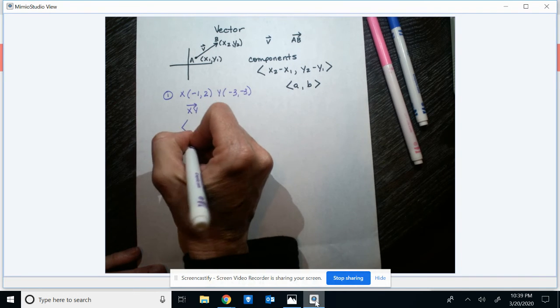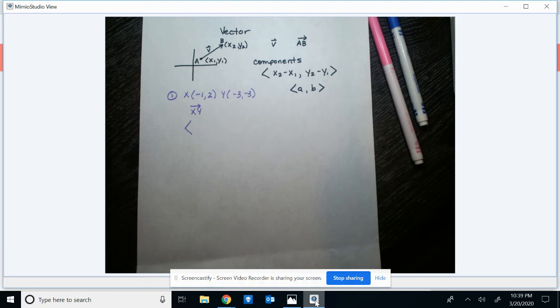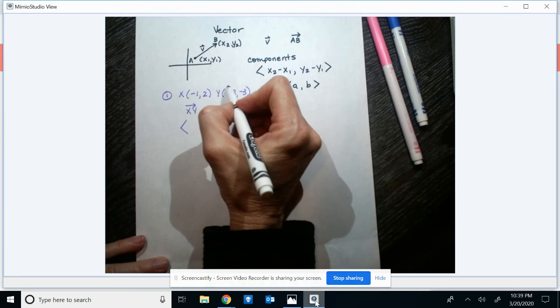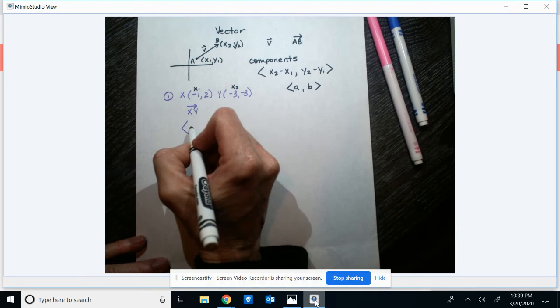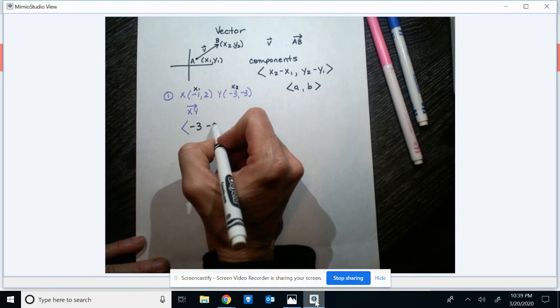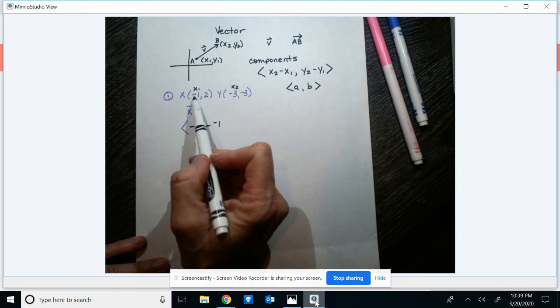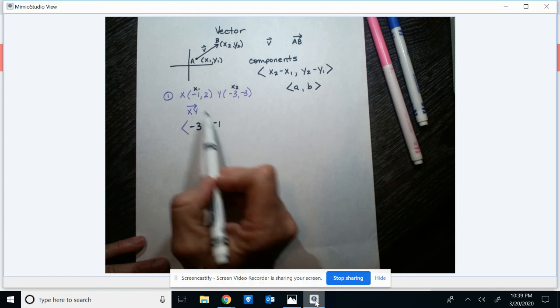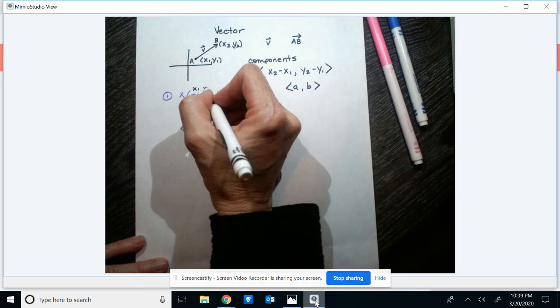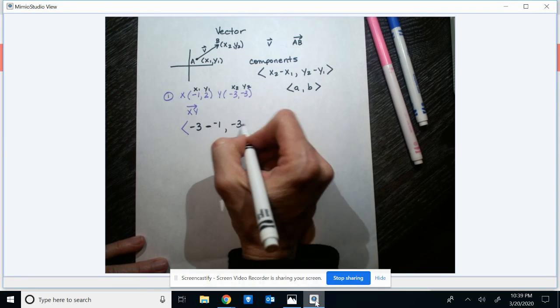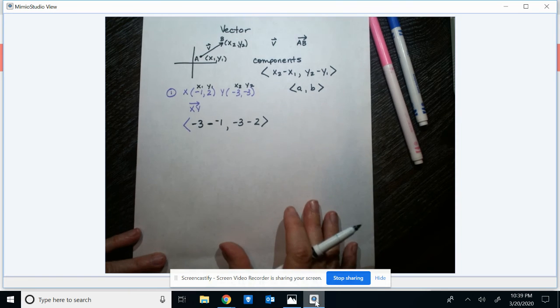That means that in my formula, I'm going to do x sub 2 minus x sub 1 for the A value. So that's a negative 3 minus a negative 1. Notice minus is part of the formula. I'm plugging in the negative 1. And then it is going to be y2 minus y1, so it's going to be negative 3 minus a 2. And that's going to be the components of the vector.